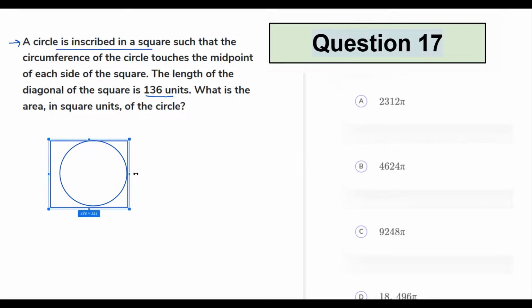This is our scenario. The circle is inside the square and the diagonal of the square is given, right? The length of the diagonal of the square is given. This is 136. And what do we need to find? Area of the square. What is the area in square units of the circle? Sorry, area of the circle we need to find.